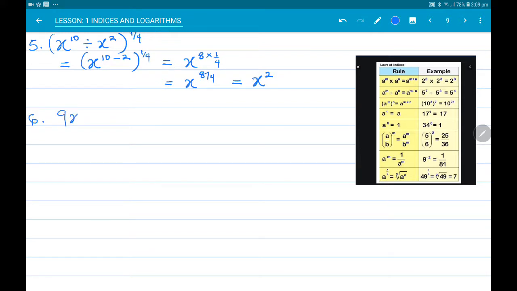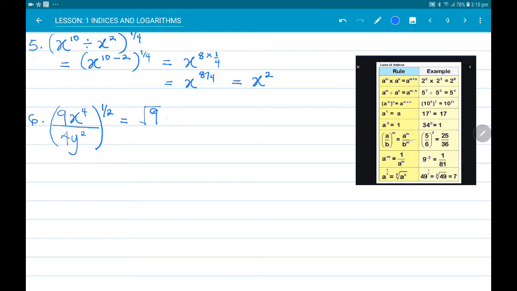It's going to be equal to x raised to the power of 8 multiplied by 1 over 4. Finally, we are going to have x raised to the power of 8 over 4, which is same thing as x raised to the power of 2. You can see this is purely simple, completely simple.